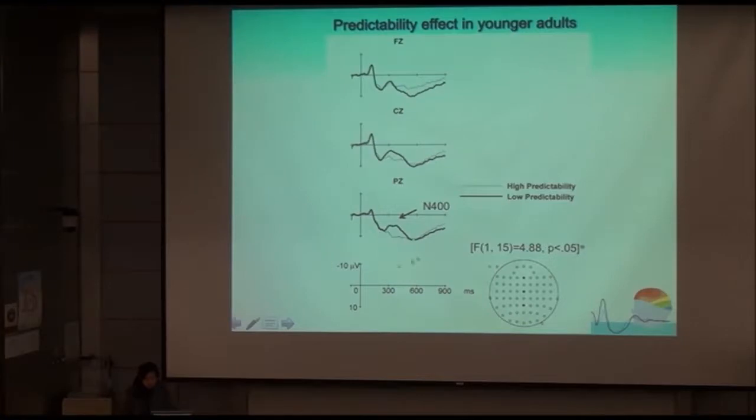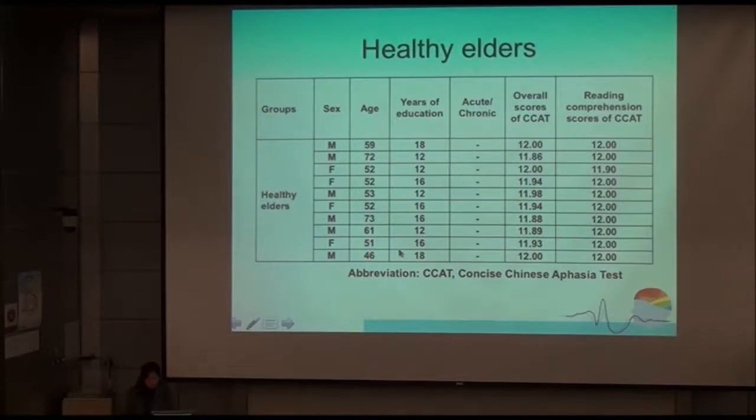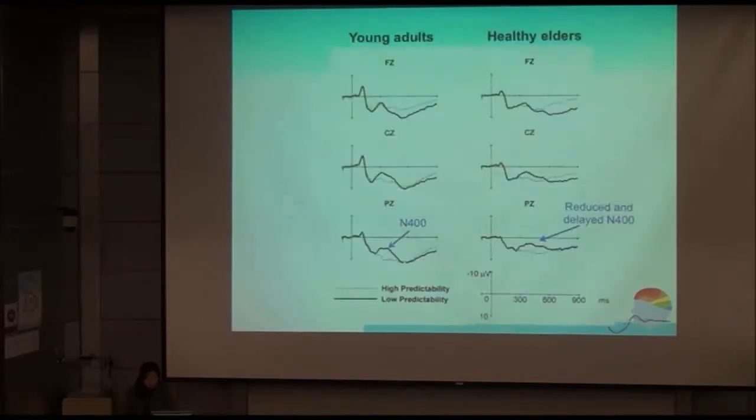So they still show the typical N400 effect, the predictability effect on N400, which is central posterior distributed. And then we had healthy elderly participate in our study. They are about 60 to 70 years old. And here is the data from young adults and healthy older adults.